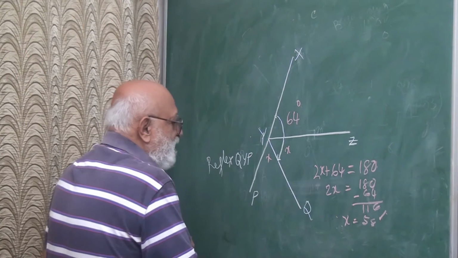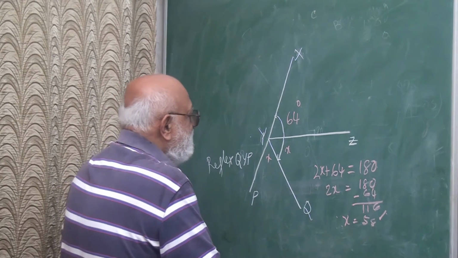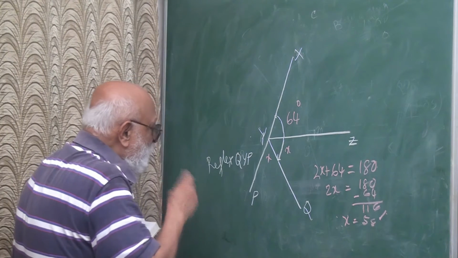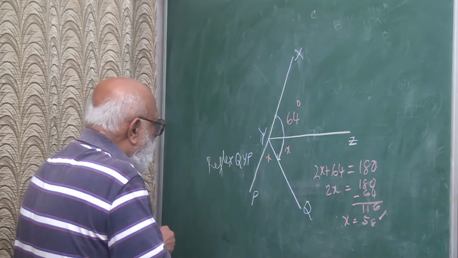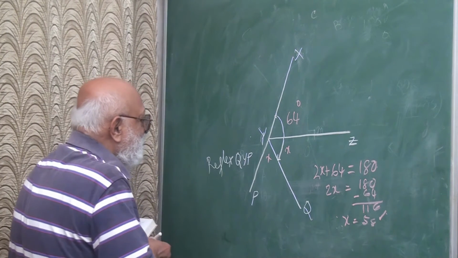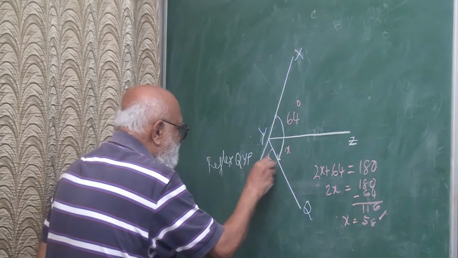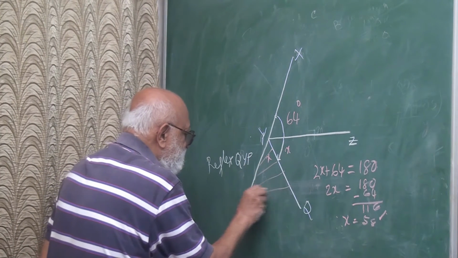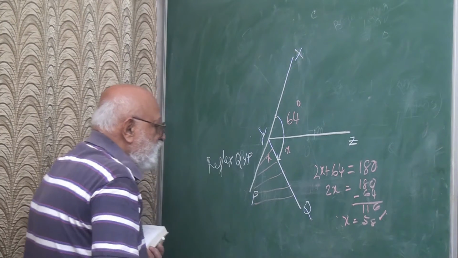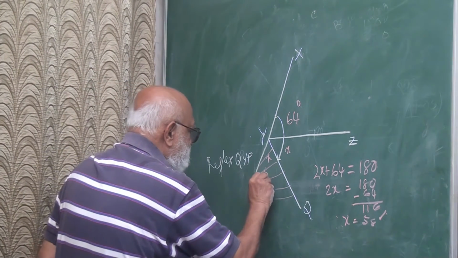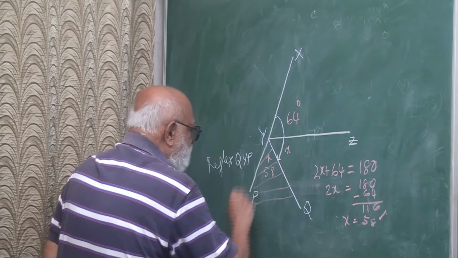So you can write down, you can see 64 into this, it is this. Now again we will go that way. QYP. QYP is what? QYP is this angle. So we will go, and this value is what? 58. Okay?